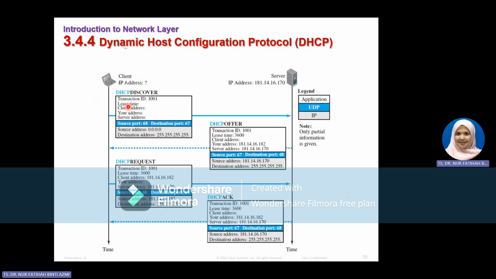It doesn't know the address yet, so the first thing it will do is shout out hello, for example, is there any available address? I need an address. So that is the DHCP Discover. So it will conduct this request.